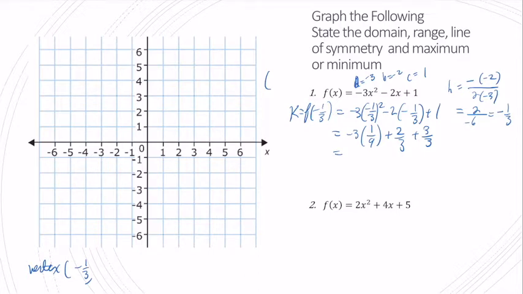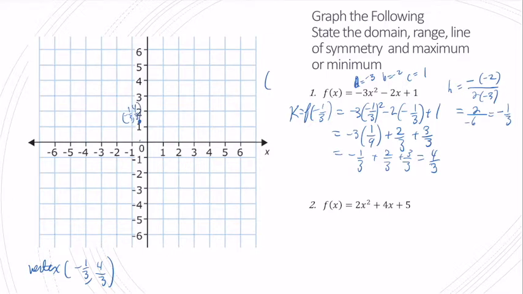Negative 3 times 1/9, that's negative 3/9, that's negative 1/3, plus 2/3 plus 3/3. I find my y value is 4/3. Okay, so when x is negative 1/3, y is positive 4/3. So it's right about here. This is my vertex.